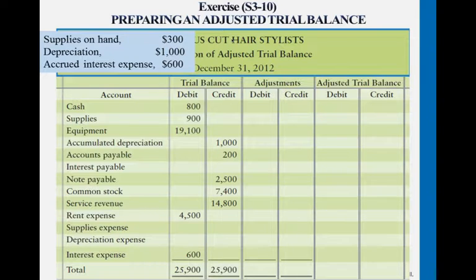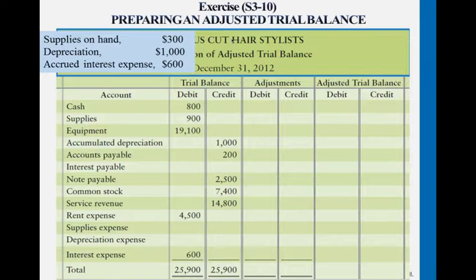Okay, now for supplies adjustments here, if it tells you that there's supplies on hand $300 and originally you see supplies under the debit side $900, then that means in the middle of this we have actually used $600 worth of supplies. Okay, so for all the three entries here, really the tricky one here is supplies. Supplies tells you what's the leftover that you have now.